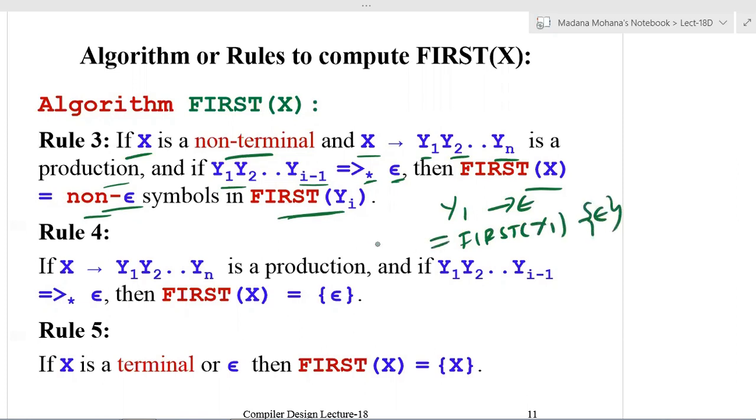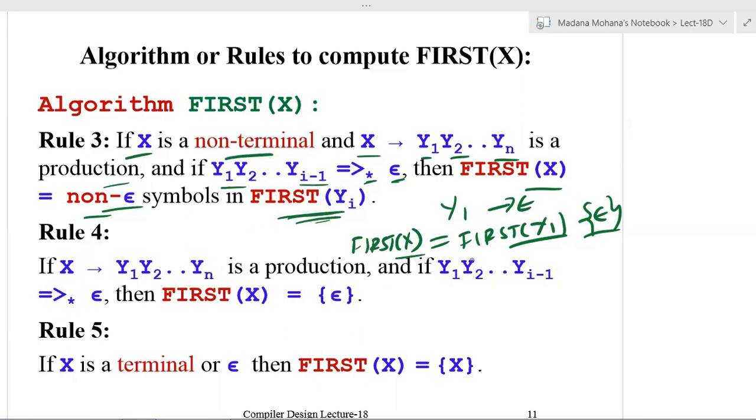This can be added to the left hand side variable, that is first of X. If Y1 derives null, then you find first of Y1 other than null, and whatever other values are there, you add the non-epsilon symbols in first of Y1 to first of X. Similarly, if Y2 derives null, then Y3 derives null and so on, we have to proceed like that. So every time you add the non-epsilon symbols in first of Yi to first of X.